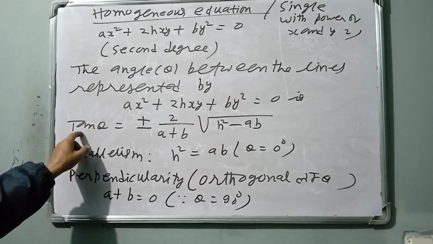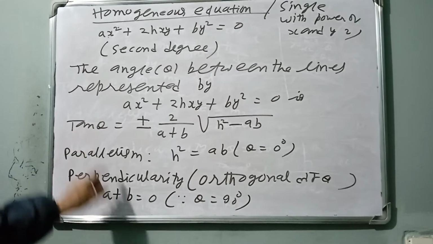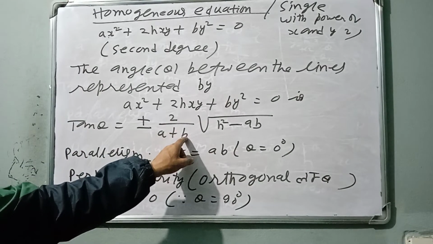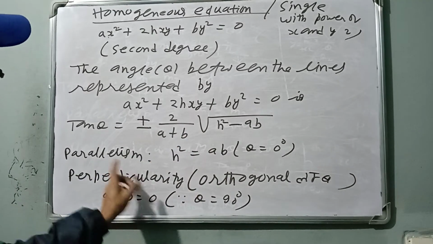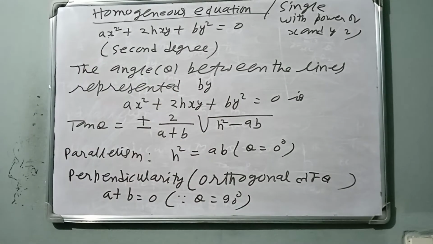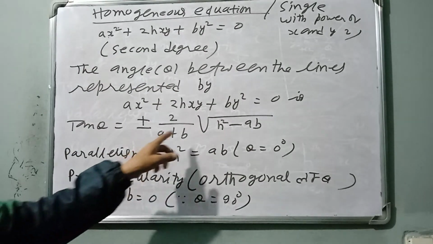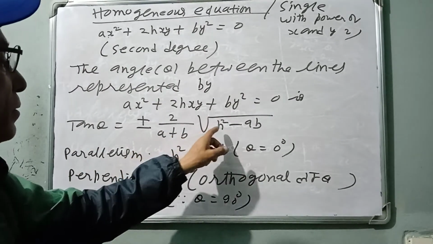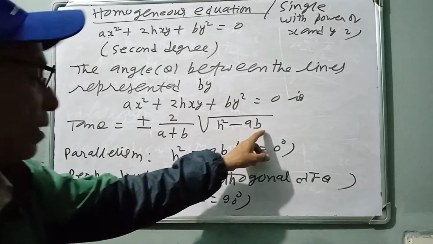Tan theta, tan 90 degree is 1 by 0, or infinite. A plus b denominator 0, then the lines are perpendicular. In the homogeneous or second degree equation, if two lines are parallel, then h square equal ab.